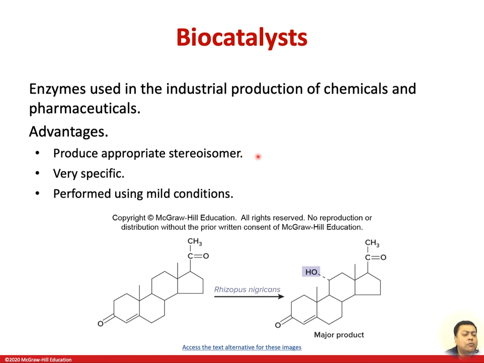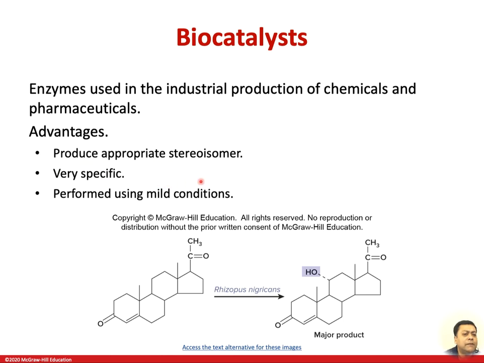If you try to produce them just by chemical reaction, you produce these stereoisomers, and many of them could be in the D form, and humans cannot use the D form of amino acids. On the other hand, microorganisms are often very clever at producing the specific stereoisomer, whether it is D or L. And if it is L, that would be great for human consumption. We can use that. So these are some of the advantages.